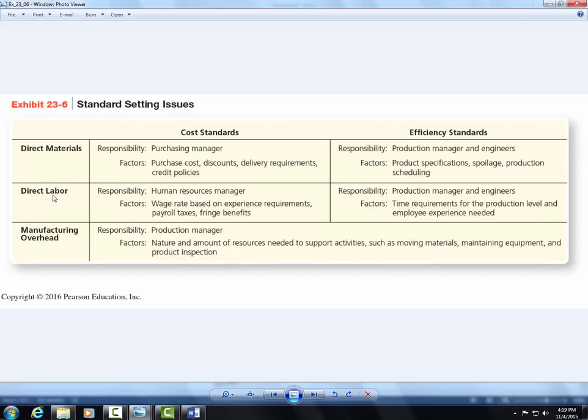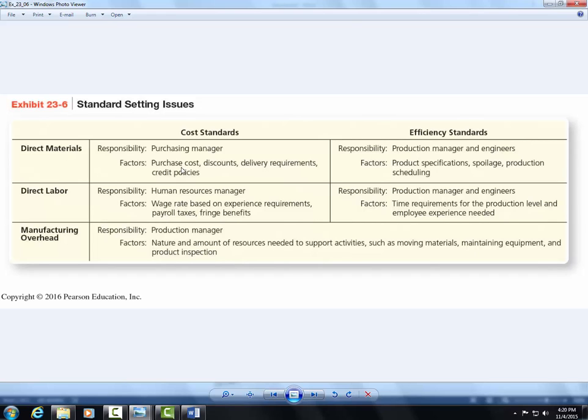The cost standards for direct labor, the accounting department would have to consult with human resource managers on that, and the factors to be considered would be your wage scale based on experience requirements. Do you need an experienced labor force to produce these crayons? That may increase the cost of your direct labor. Also, payroll taxes or fringe benefits.